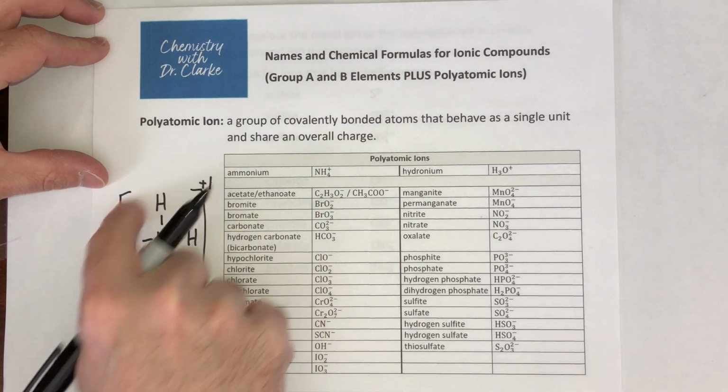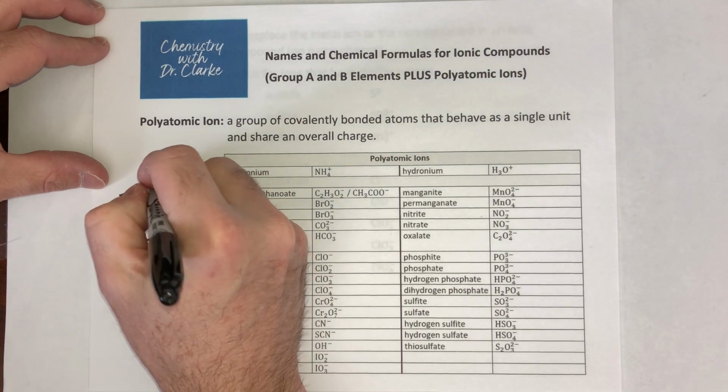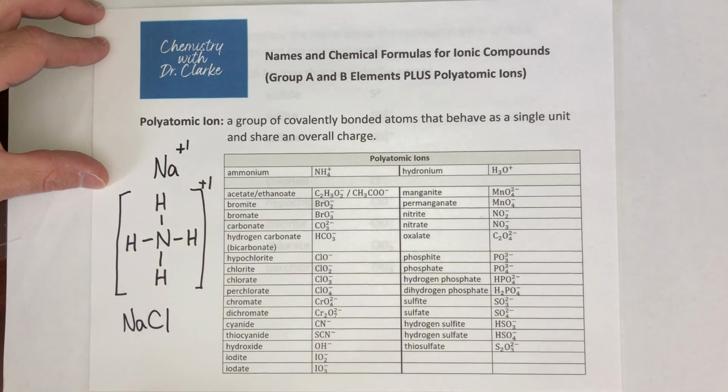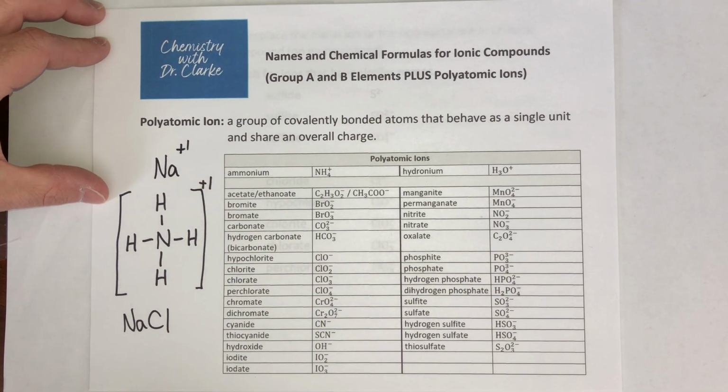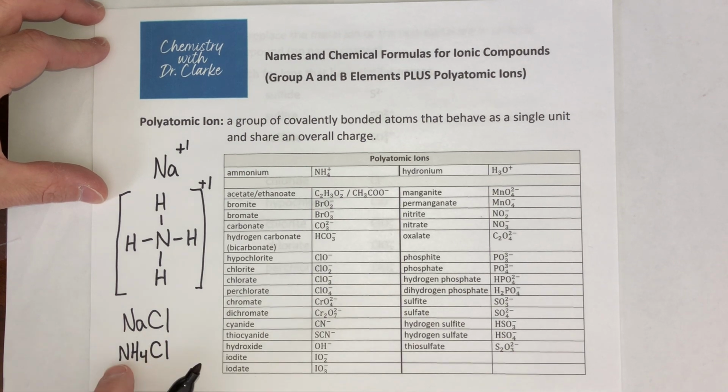Well, if I look here, I've got ammonium. Ammonium is also a +1, right? Sodium is a +1. Ammonium is a +1. So if I wanted to, I could replace the sodium with the ammonium, NH4Cl. So instead of sodium chloride, I have ammonium chloride.